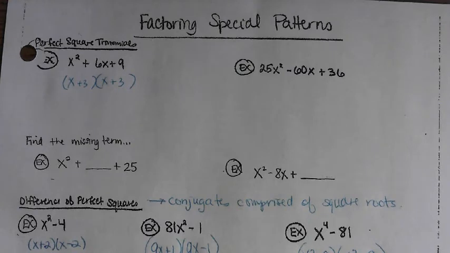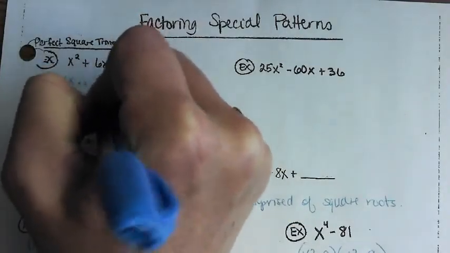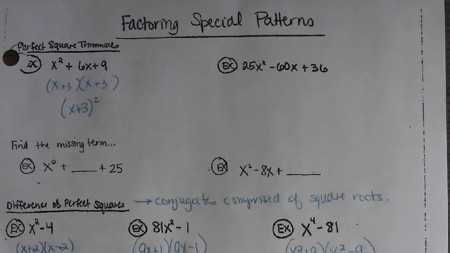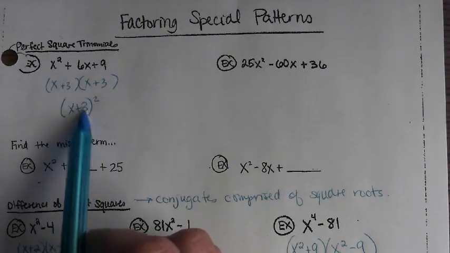Now that you see that answer, what's special about this? It's the same factor twice, right? So the more efficient and condensed way of writing this would be x plus 3 squared, right? When something, in this case a trinomial, can be written as something squared.